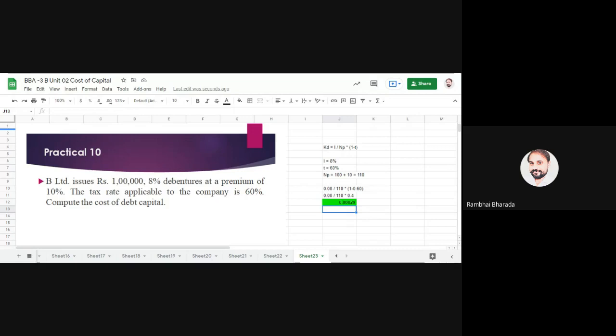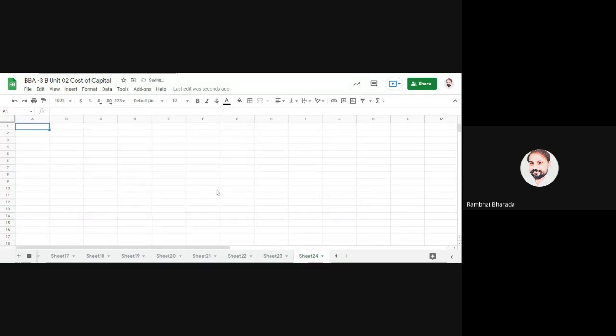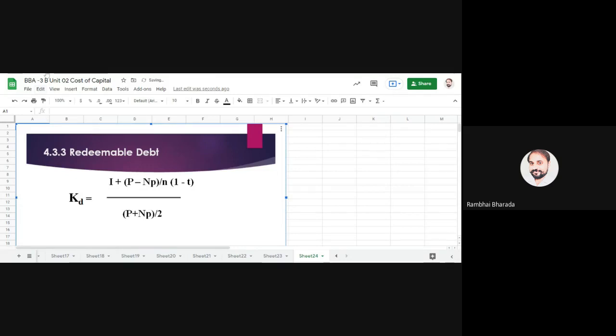Yes. So the same formula is applicable here when we have redeemable debentures.